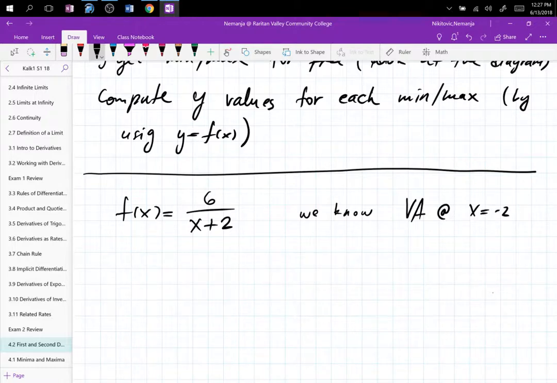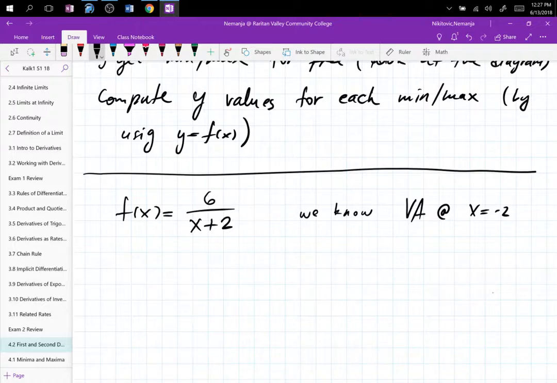Again, do not write VA equals negative 2, because that triggers my allergies, and then my eyes water up, and then I can't like you anymore because you're distorted in my vision. Kind of blurry. So we have that the vertical asymptote is at negative 2.